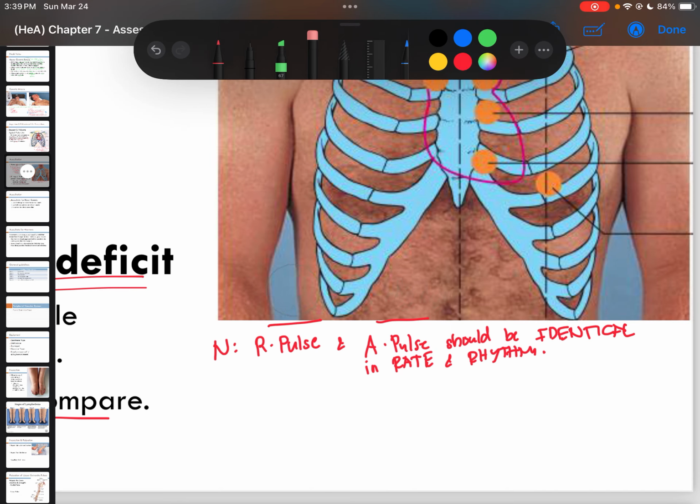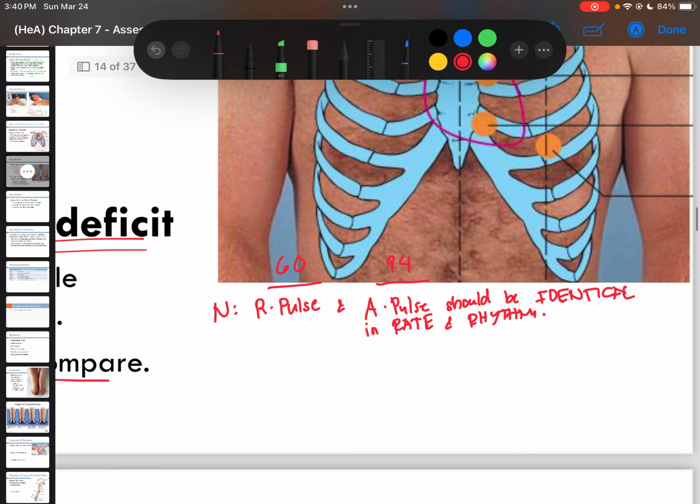However, class, if for example the radial pulse is 60 and the apical pulse is 94, now that is too far. Abnormal findings include what we call a pulse deficit, wherein one pulse is much stronger or faster than the other.